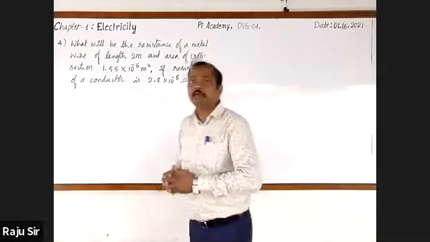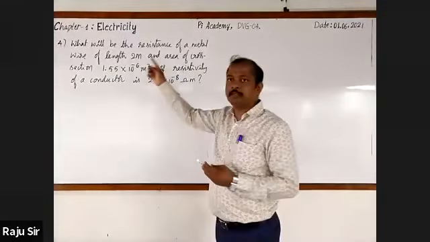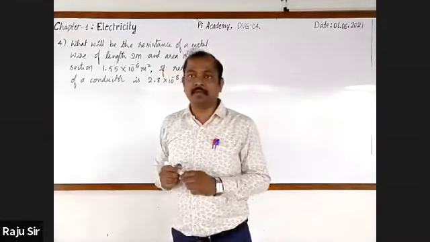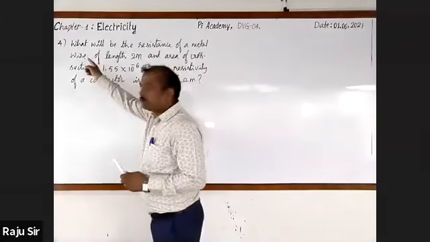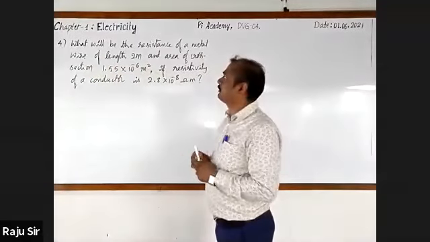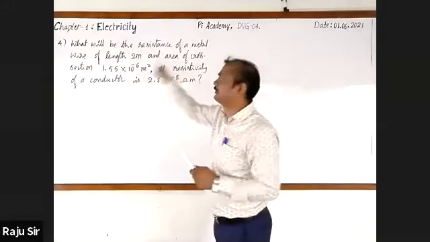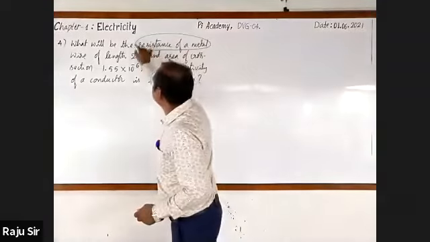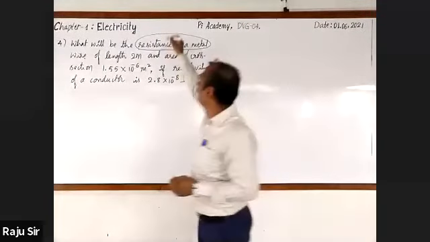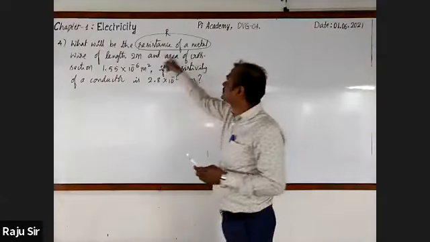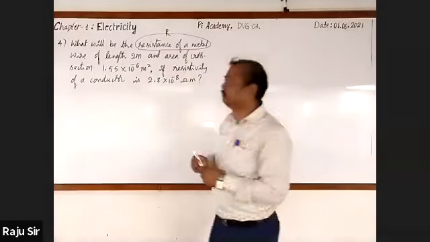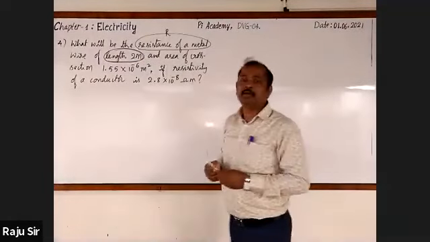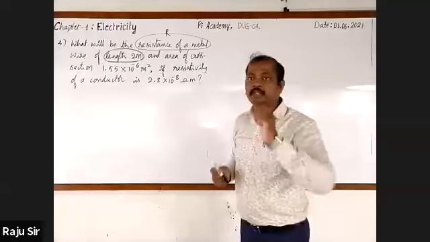Hope you have copied. Just go through the statement once and let us identify the physical quantities involved. With the first sentence only, you come to know that you are going to find the resistance of a metal wire, that is capital R. Of length 2 meter, here length is given. It is L, and 2 meter is already in SI unit.